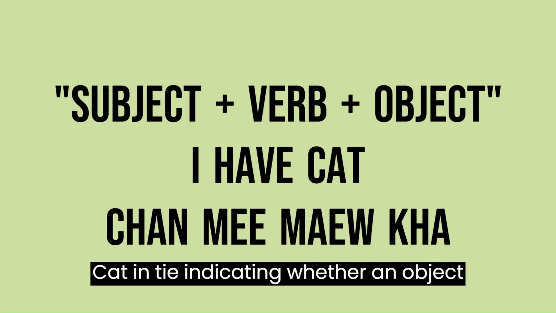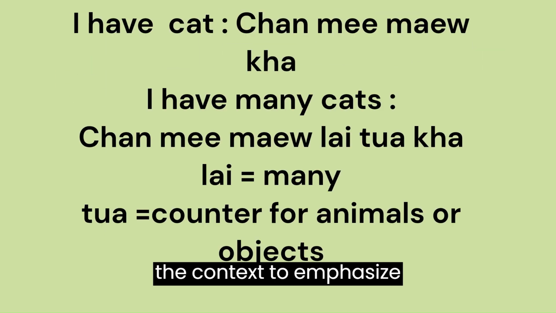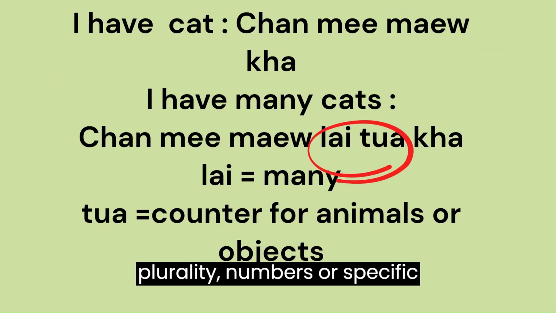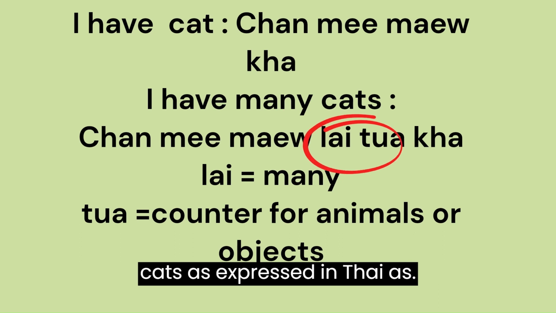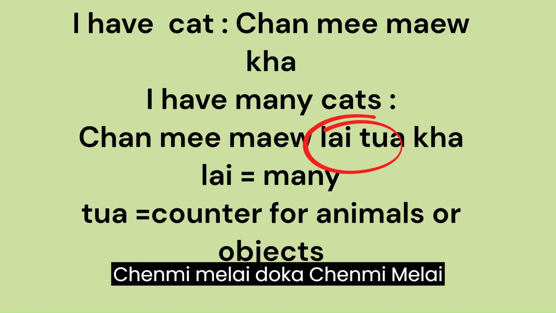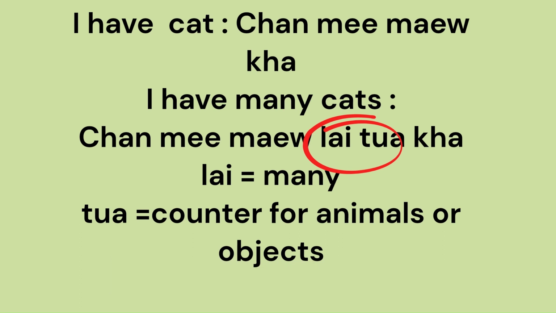In Thai, indicating whether an object is singular or plural usually depends on the context. To emphasize plurality, numbers, or specific words, หลายตัว meaning many can be used. To say, I have many cats is expressed in Thai as ฉันมีแมวหลายตัวค่ะ. หลาย means many.